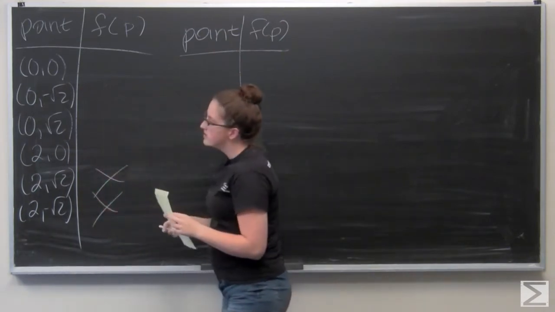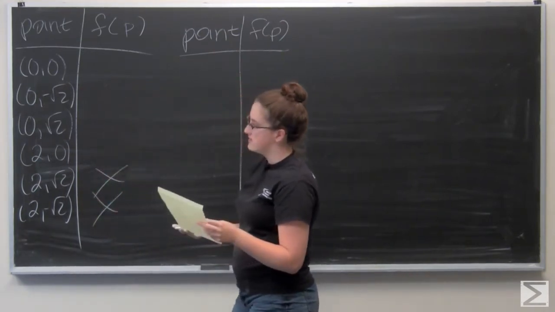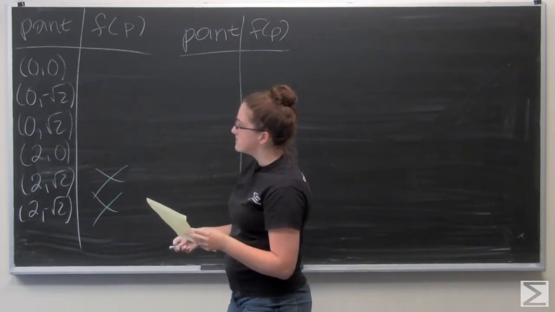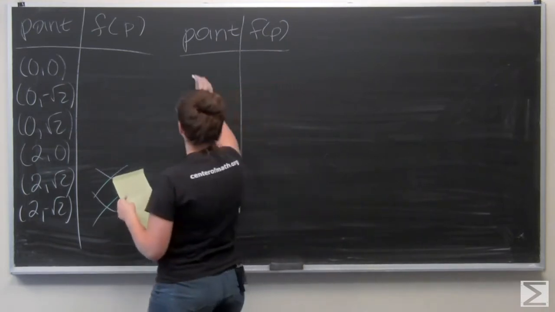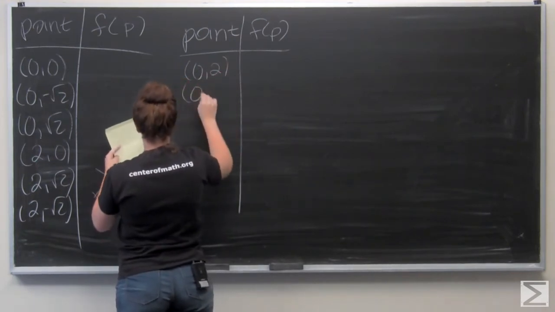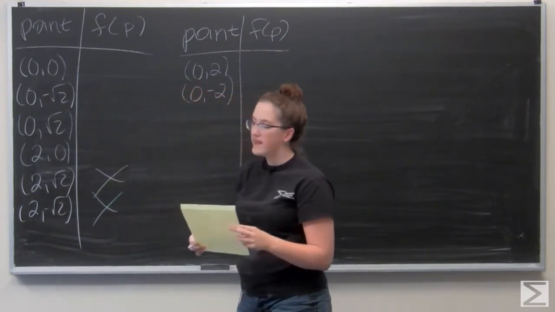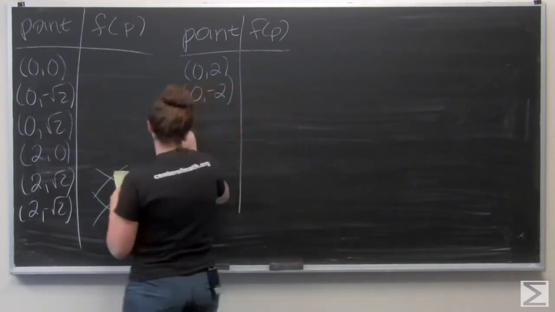So I have 0, 2, and 0, negative 2. Plus 1.18, comma 1.68.